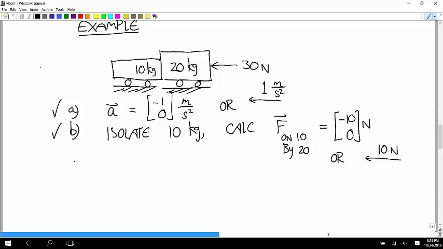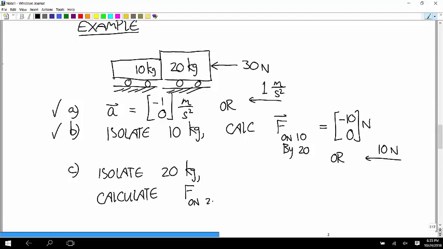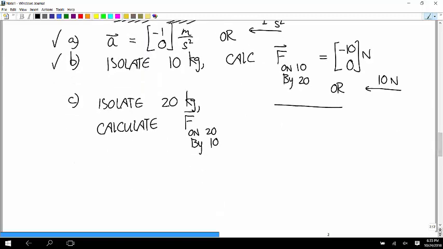And then the last thing that we want to do, we haven't done this one yet, is to isolate the 20 kilogram cart and calculate the force on the 20 by the 10. So that's what we're going to do now.